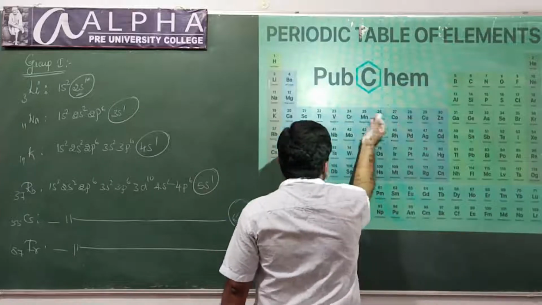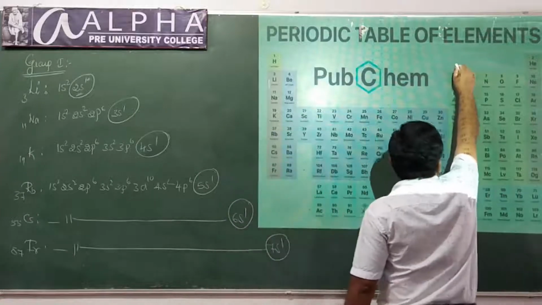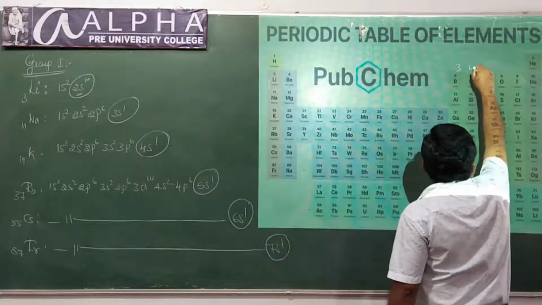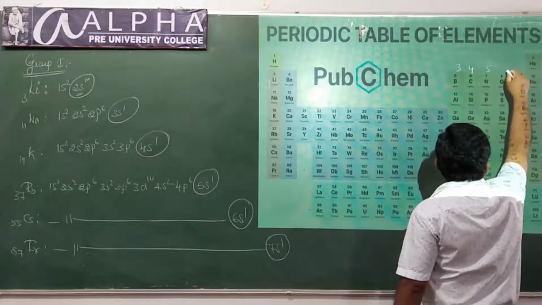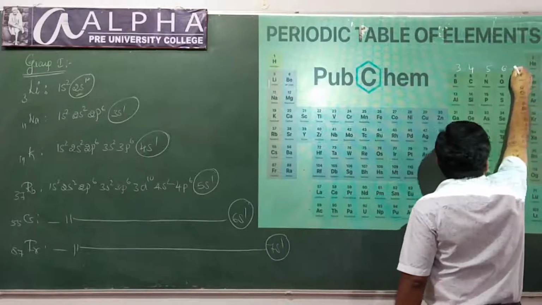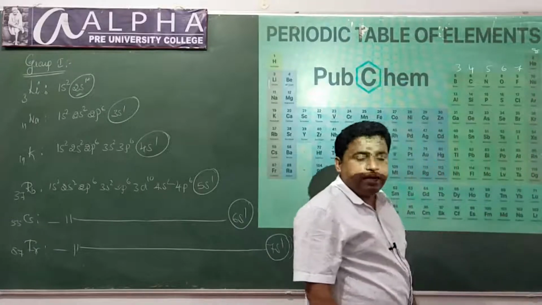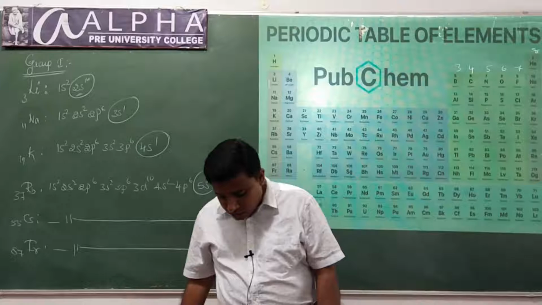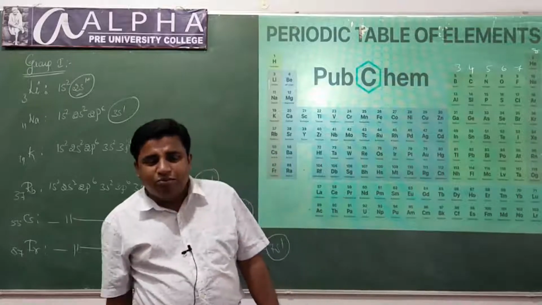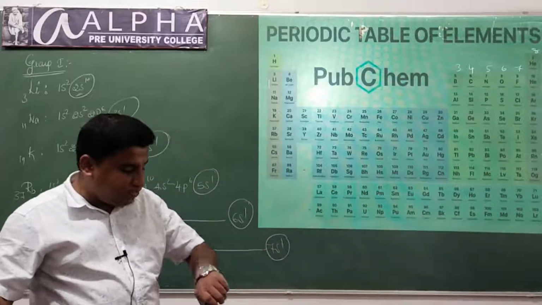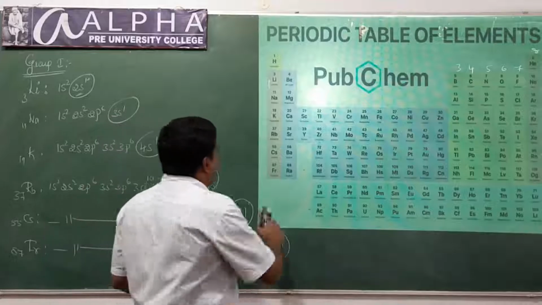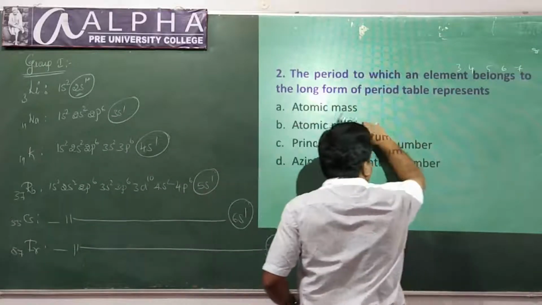The 13th group again has 3 electrons in valency shell, 14th group 4, 15th group 5, 16th group 6, 17th group 7, and 18th group has 8 electrons in their valency shell. So elements belonging to the same group will have same number of electrons in the valency shell. That's exactly correct. Next question.